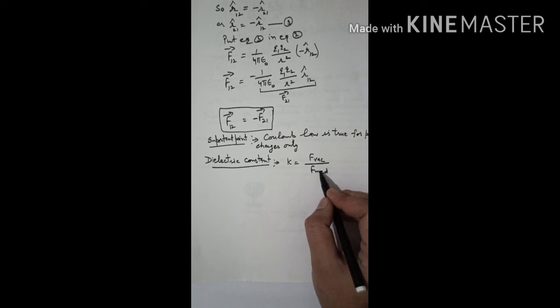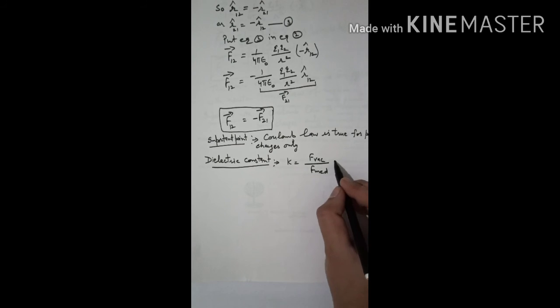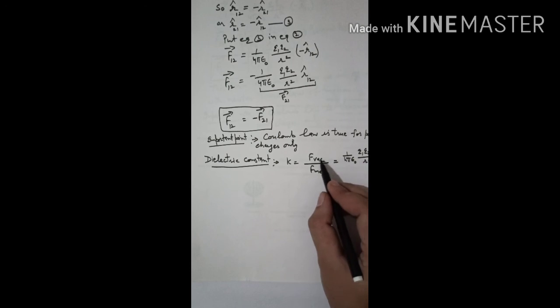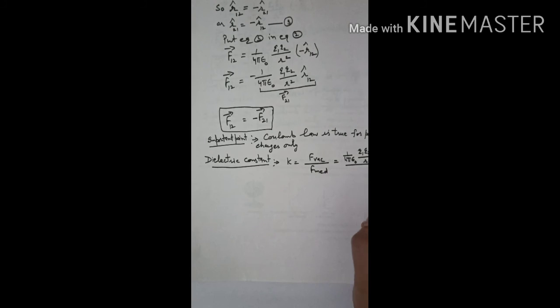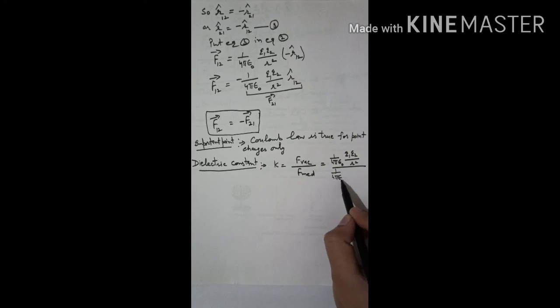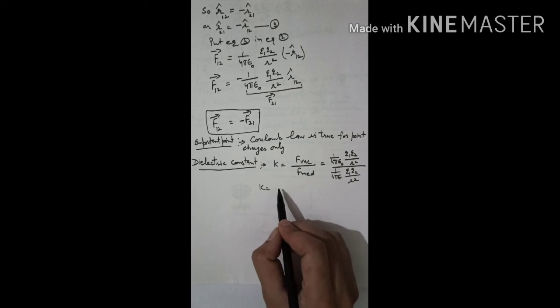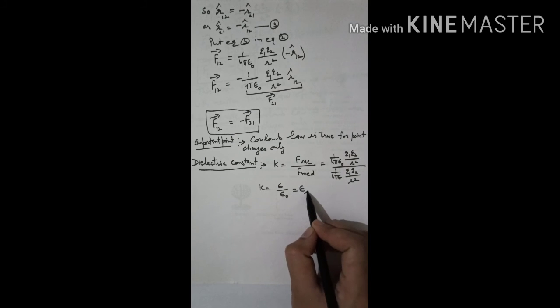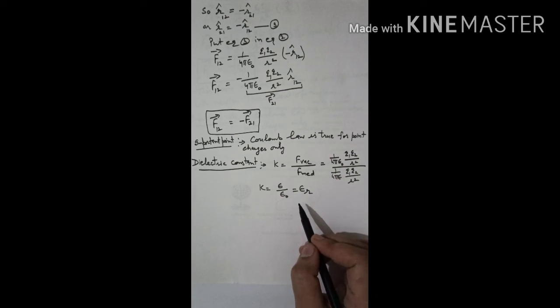So K is equal to 1 by 4 pi epsilon naught Q1 Q2 by r square, in magnitude form, whole over 4 pi epsilon for the medium, Q1 Q2 by r square. So K becomes epsilon by epsilon naught, which is equal to epsilon r.